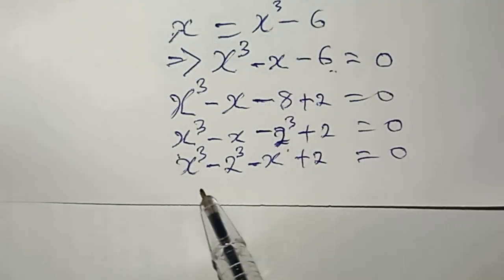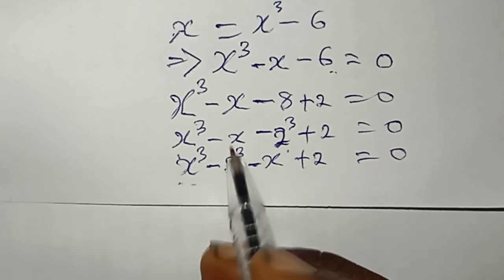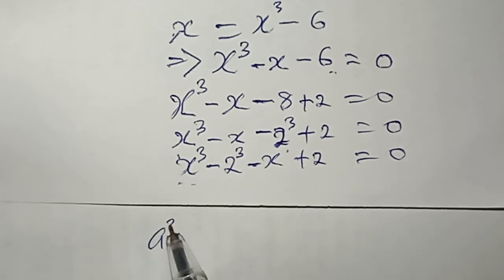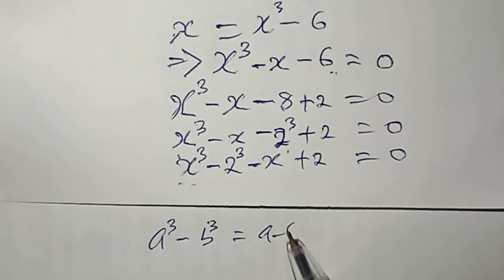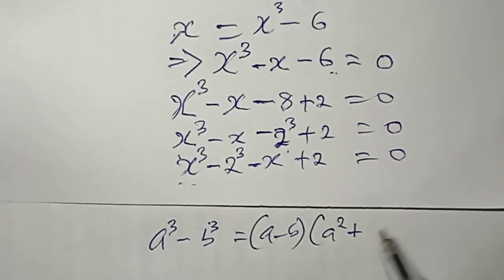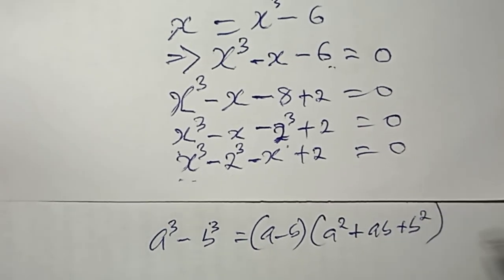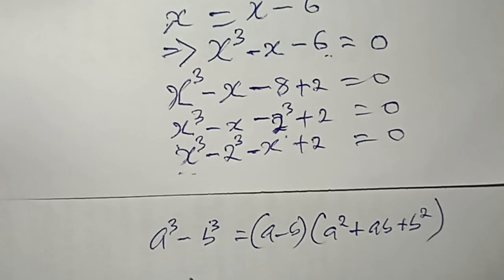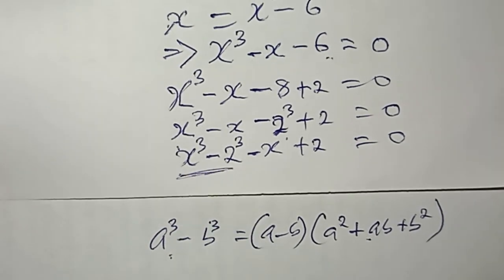Okay, so you can see this expression right here. Of course, you know that a cube minus b cube, we can actually express this as a minus b, okay, a squared plus ab and then plus b squared. So I am going to use this expansion to also expand this expression over here.